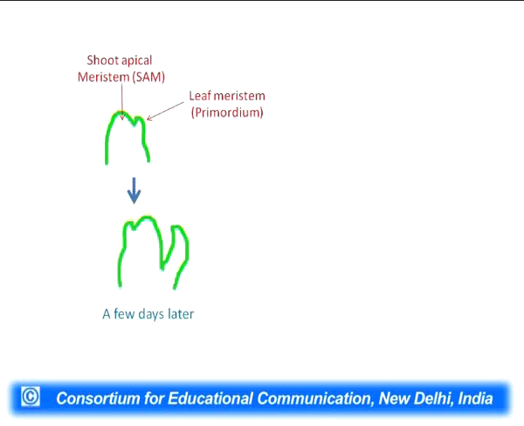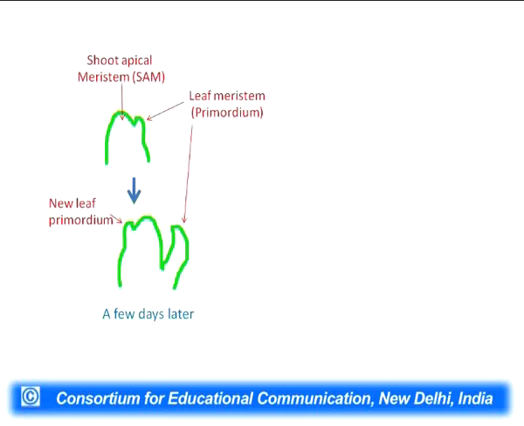Now, in a time frame, say this is the first shoot apical meristem, and if you leave it for a few days, the same meristem will look like this, where there will be a new primordium generating over here, and the previous primordium will convert into a leaf meristem.